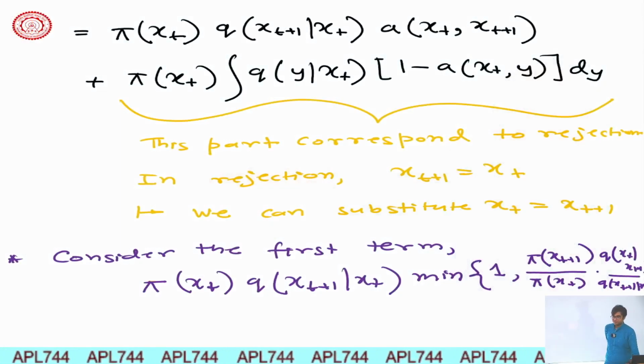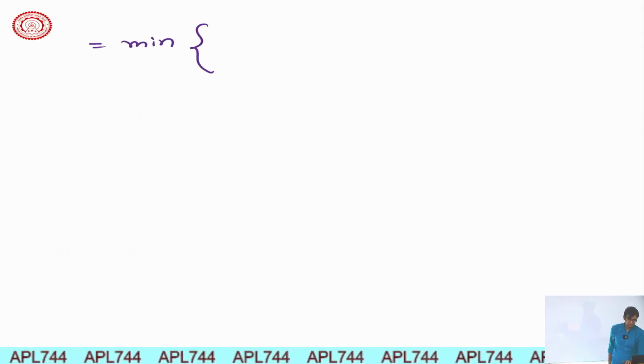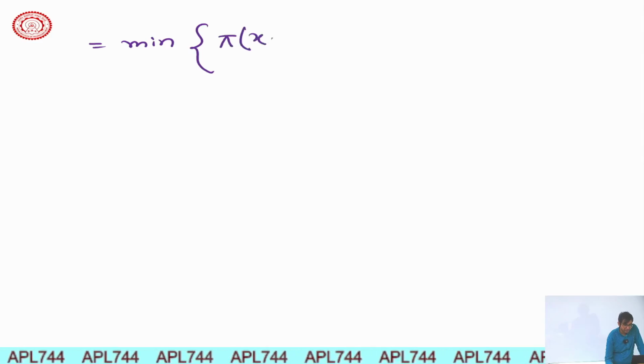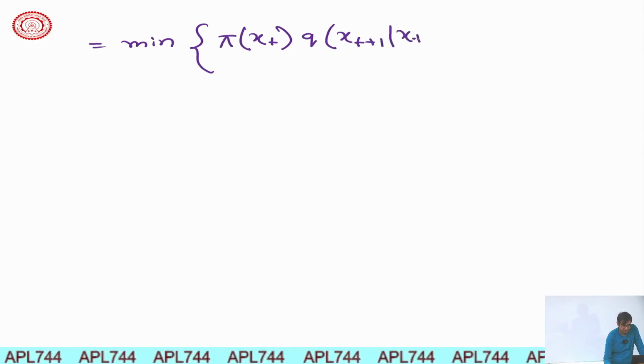So I have pushed whatever is outside inside. So what will I get? What is the first term? There is 1. 1 will be replaced by pi of xt q of xt plus 1 given xt. So minimum of pi of xt q of xt plus 1 given xt. What will be the second term?